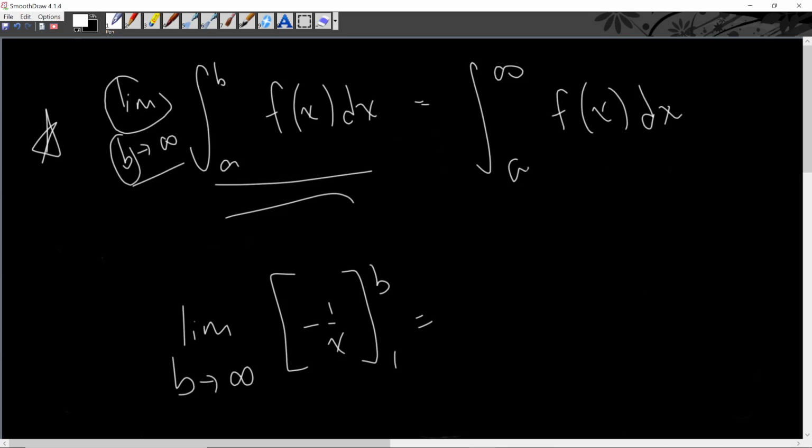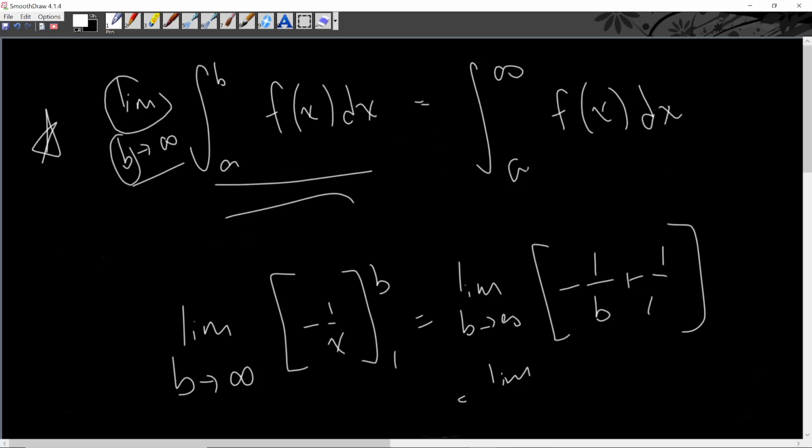And then from here, let's just plug in what we have. We have the limit as b approaches infinity of negative 1 over b minus 1 over 1, so plus 1 over 1, which is just going to be the limit as b approaches infinity of negative 1 over b plus 1.